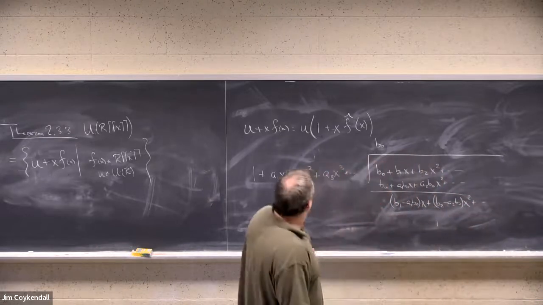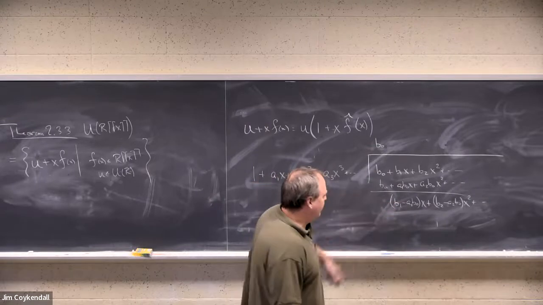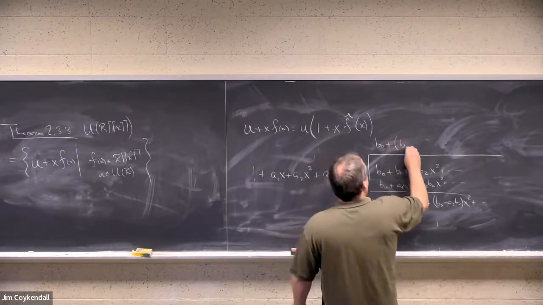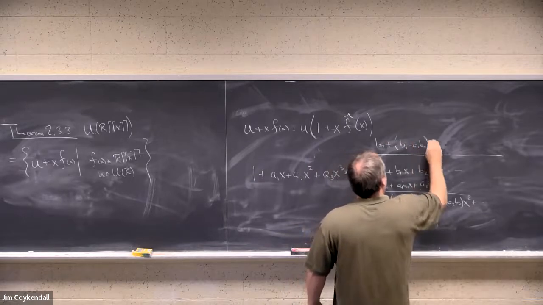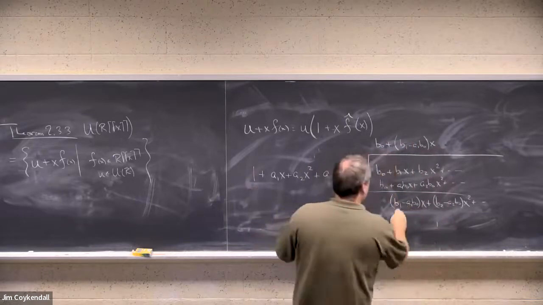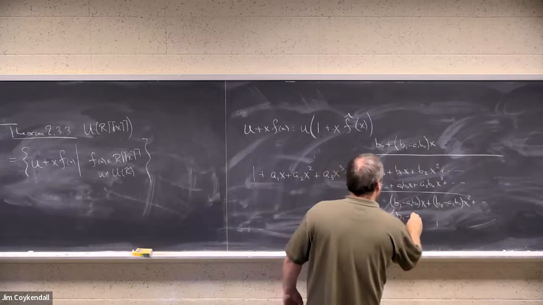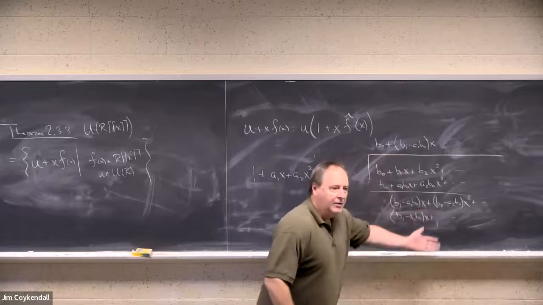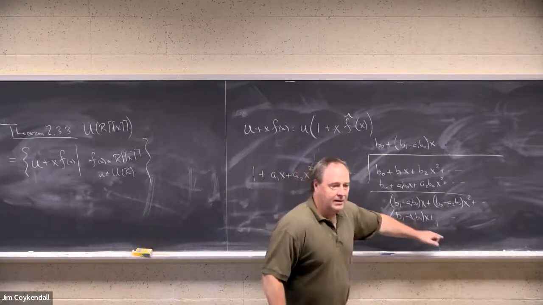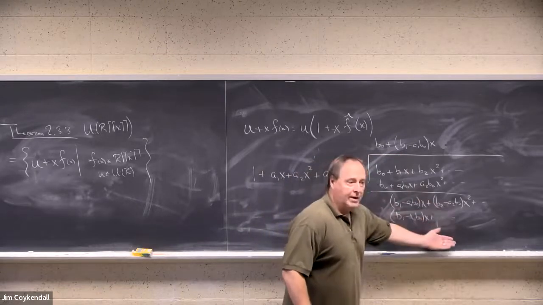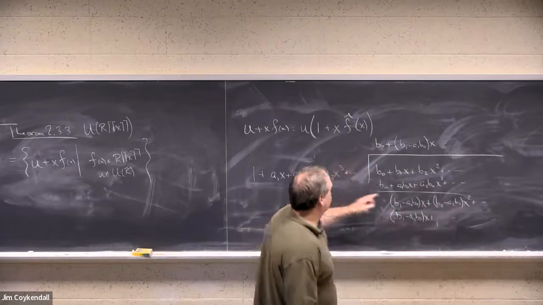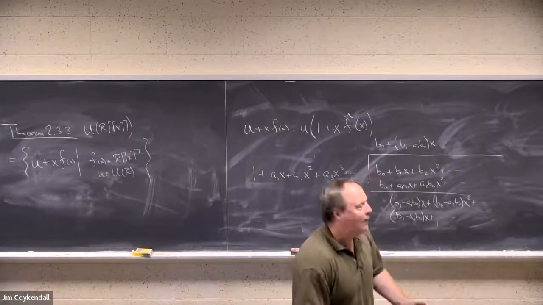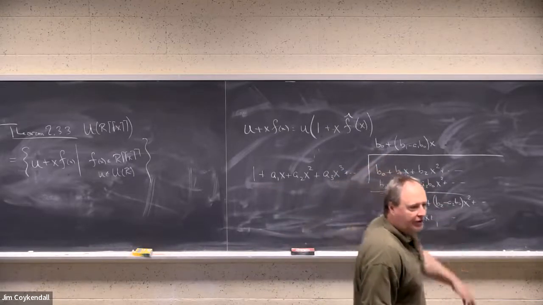Now, can you divide this into this? Yes, of course you can, because it's 1. So this is B1 minus A1 B0 X, and you do this again. Every time you bring down, you can always do it, because in rings you can always subtract, and you never have to stop because it's a power series. That's why this is essentially all invertible.